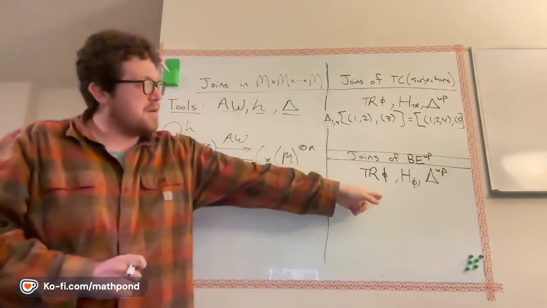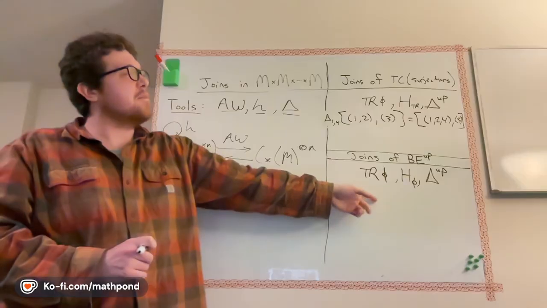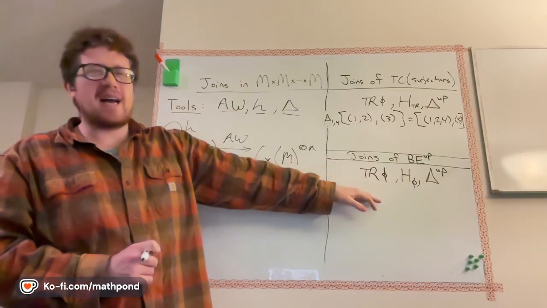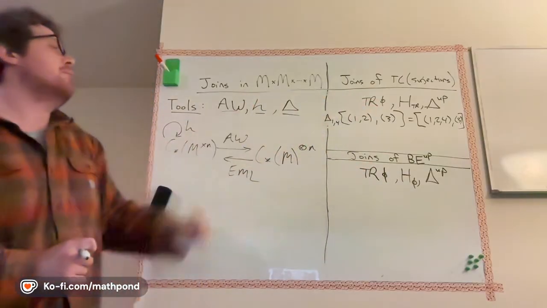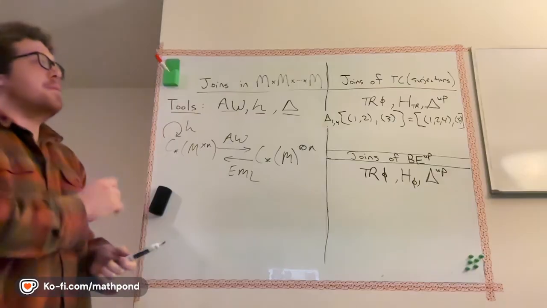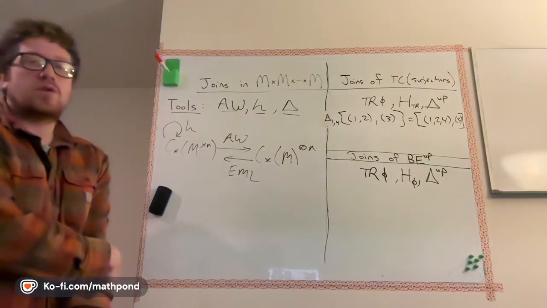And then there'll be another statement for this setting, but I don't think this one will be exactly isomorphic. It'll be quasi-isomorphic to this one. So there's going to be basically two statements.